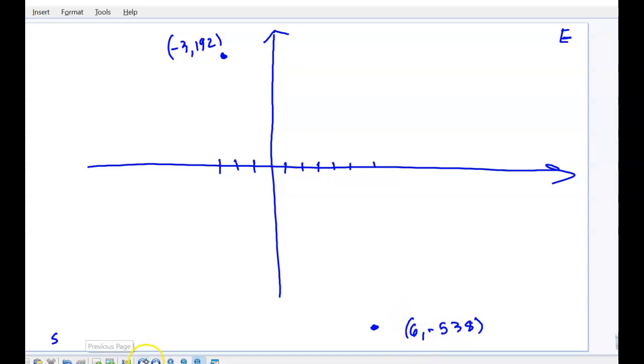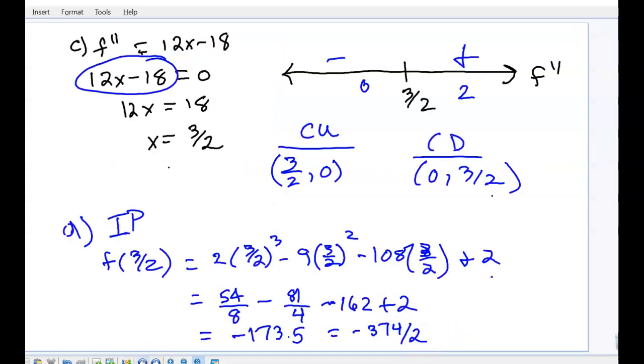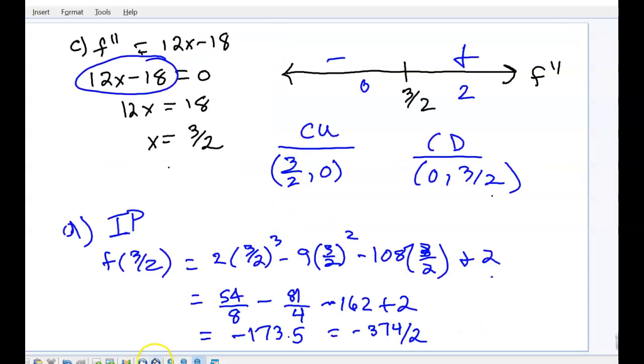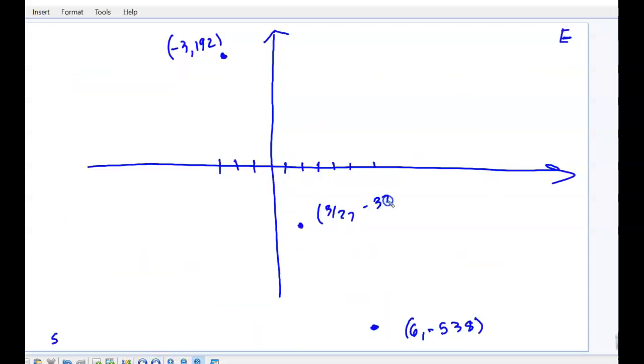And my other point that I know is my inflection point, which is 1.5 and negative 173.5. So again, 3 over 2 and negative 347 over 2.